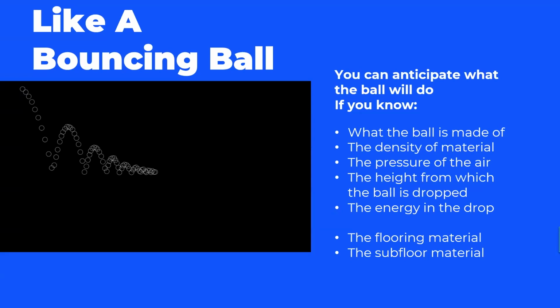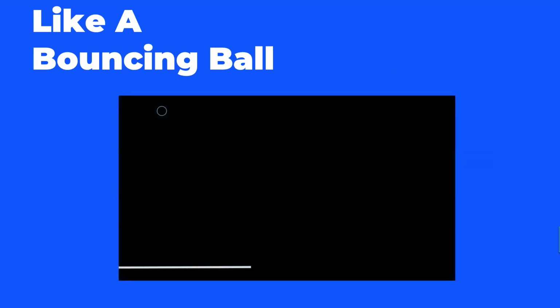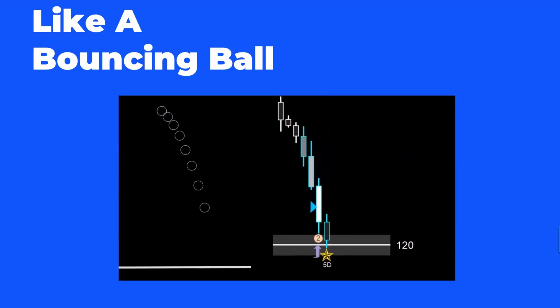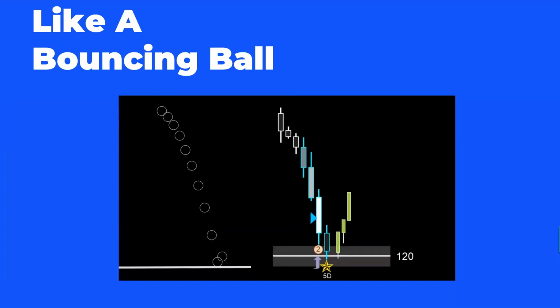And that's the same with what we do in trading. It's like a bouncing ball. We get the ball dropping just like price is dropping. We measure everything that's coming into each bar.